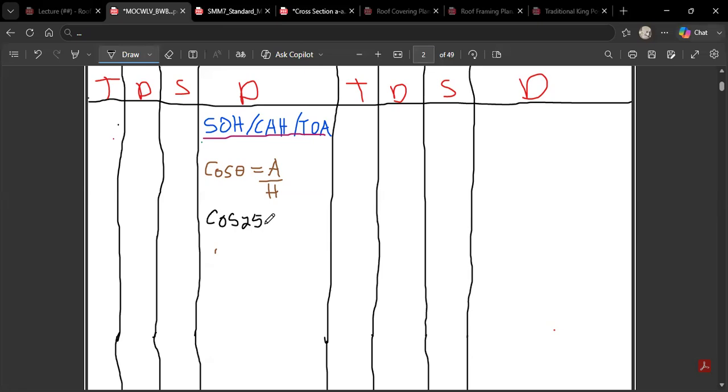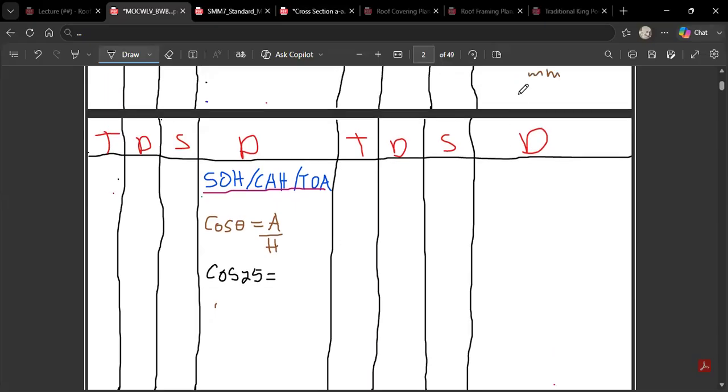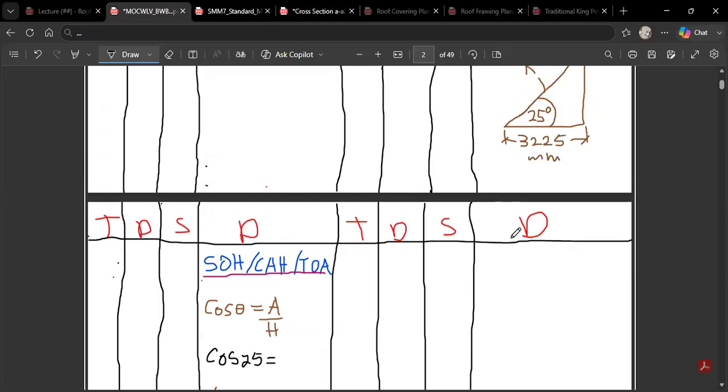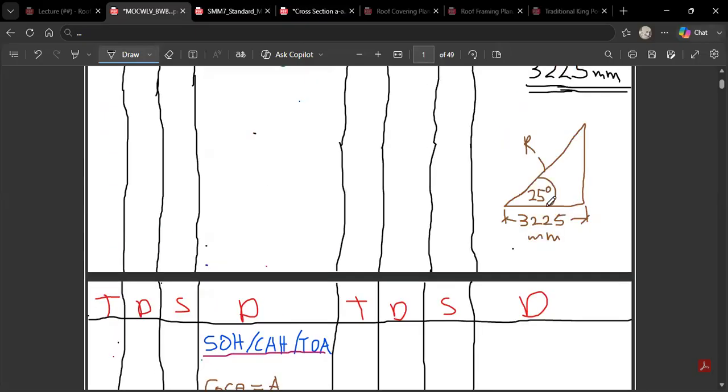Cos 25 is equal to, and what is the value of our adjacent? 3225. You see? Yes, this value over here is the value you are going to write over there. Very good. So you put that down.